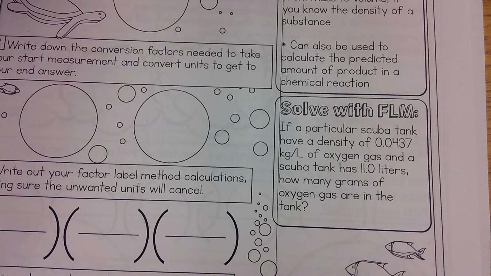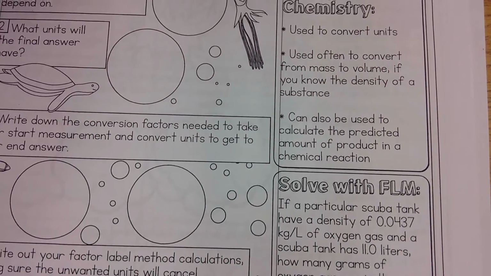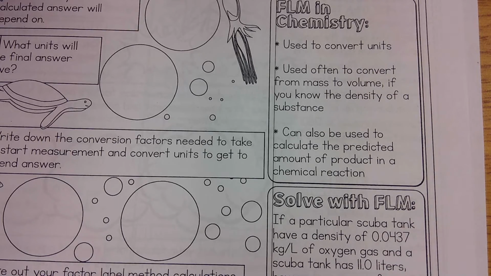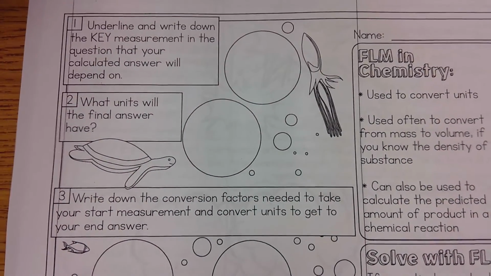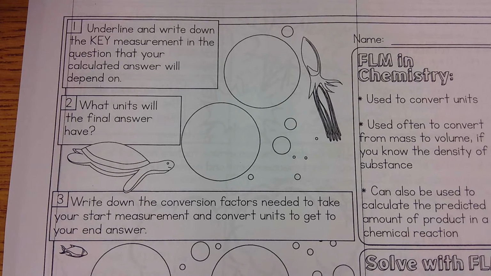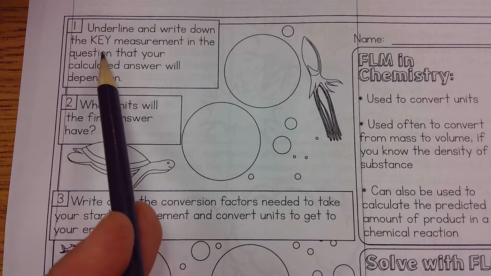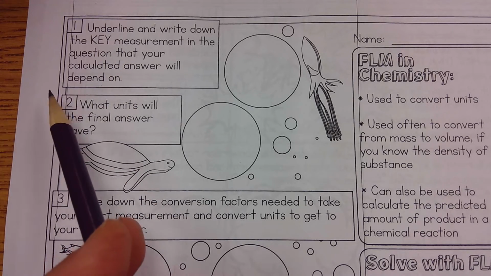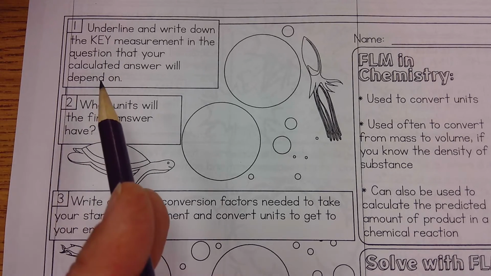We know the liters, we want to convert that to grams, just like we said here, converting units. So here are the steps that we're going to work through to do that. These steps will serve you well in all of your chemistry work in the future. So first step, we are going to find and write down the key measurement that our answer will depend on.